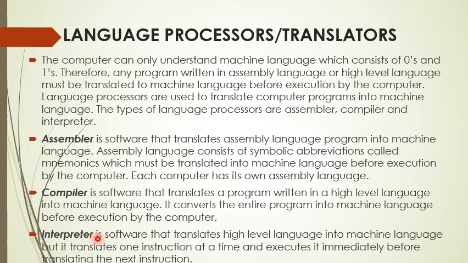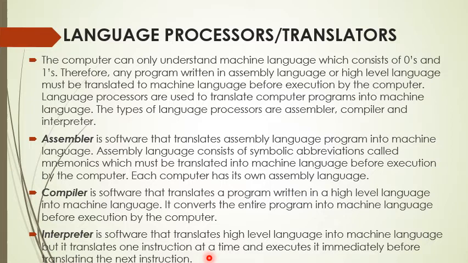Same for the interpreter. An interpreter is also used to translate high level language code to low level language code. But it translates one instruction at a time and executes it immediately before translating the next instruction, or we can say it translates instruction by instruction, line by line.